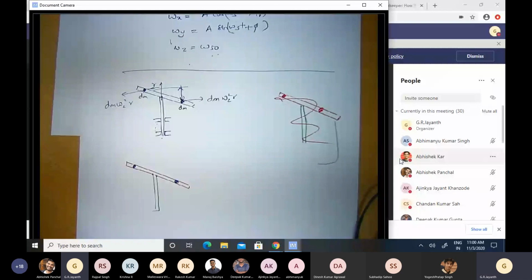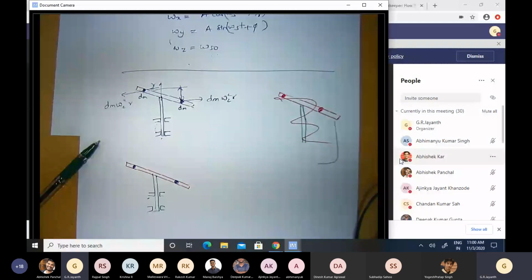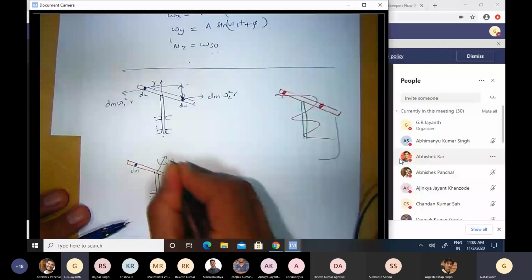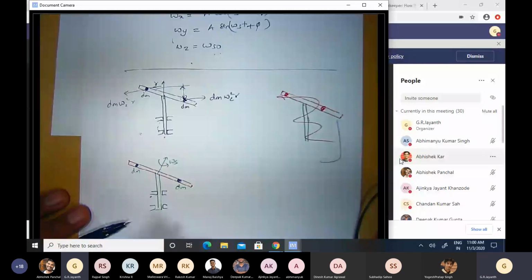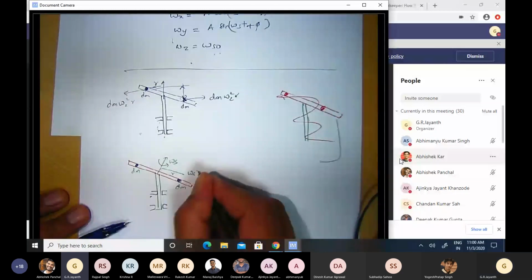So there is a bearing here. Okay, so there is the same elemental mass dm on either side. Now you notice that because this wheel is spinning about its axis at an angular rate omega s, this particle dm has also a linear velocity at a distance r relative to the rotating shaft, which is given by omega s times r.